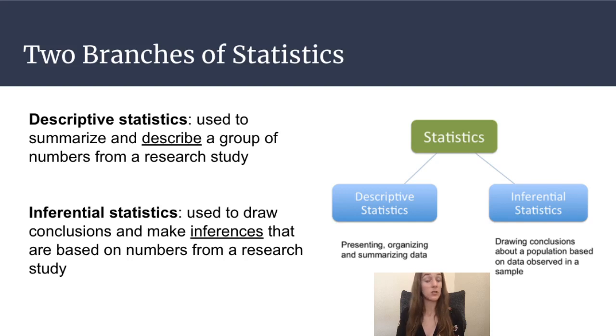Inferential statistics also rely on probability, but we'll get to that a bit later. So we can simply describe how data looks, what's going on in a data set, or we can make inferences or conclusions based on data, which is a bit more complicated. We'll learn more about this distinction as we go, but it's helpful to have them in mind.